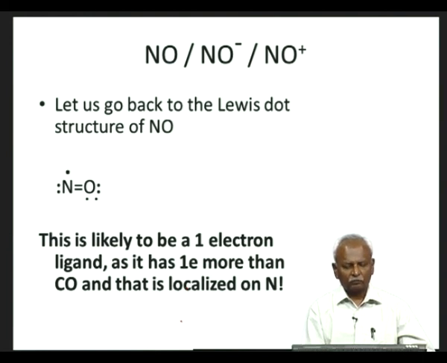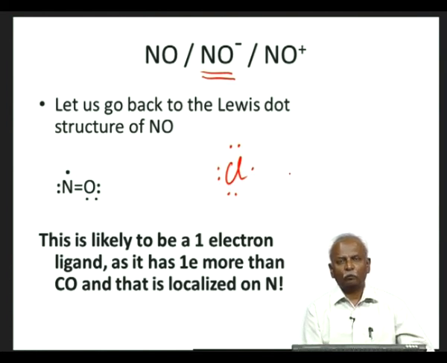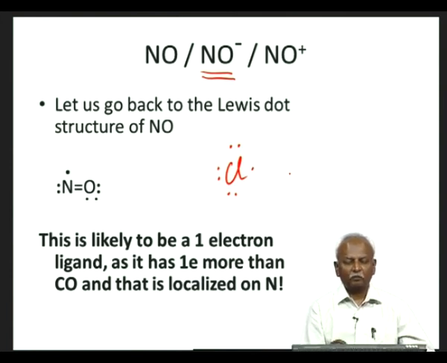So, this one electron chemistry leads to the chemistry of NO minus. So, just like Cl can give that one electron which is present on the chlorine to the metal atom and behave as a one electron ligand, NO can also behave as a one electron ligand, and this will be like NO minus chemistry.